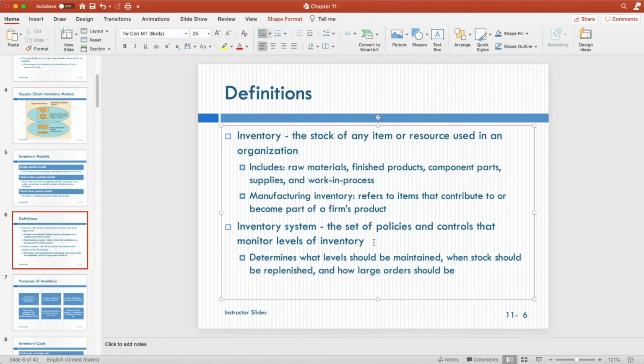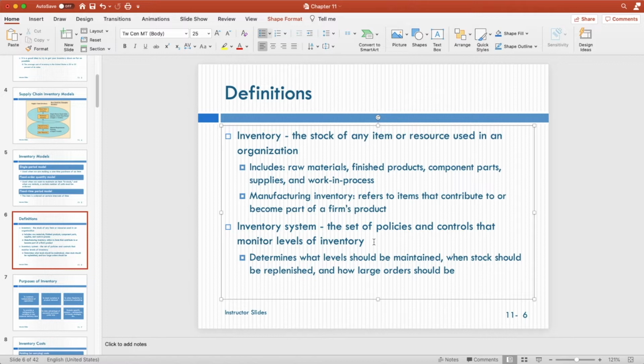Because the inventory level is very important, we have to use a very careful monitoring procedure in order to improve inventory efficiency. We don't want the inventory to be too low because in that situation we will face high uncertainty. But in the meantime, we don't want the inventory to be too high because by adding too much inventory, you have to store it, and that will incur more cost for you.